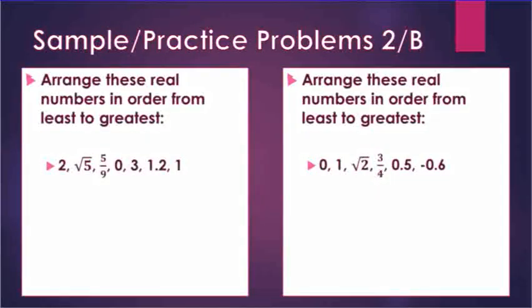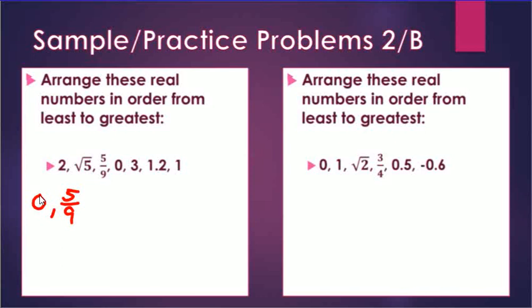Next one, arrange these real numbers in order from least to greatest. Let's see the smallest one there. We don't have any number less than 0, so 0 is the smallest. Then 5/9, because 9/9 is 1, so 5/9 is less than 1.